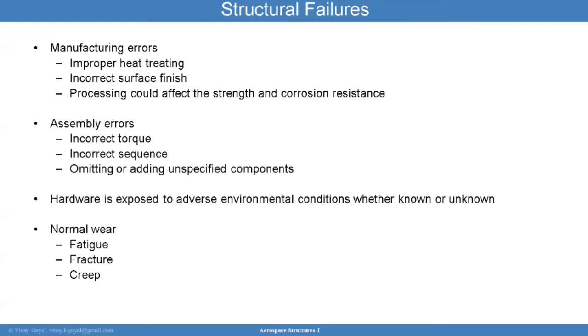You could also have the situation of omitting or adding unspecified components. And so those assembly errors can be problematic in the life of the program, and it's important to understand that they need to be considered in the design, production, and life phase of that particular component.